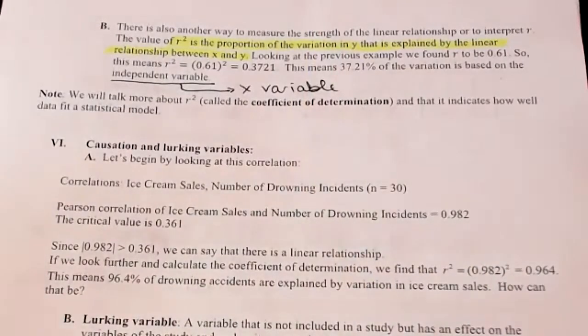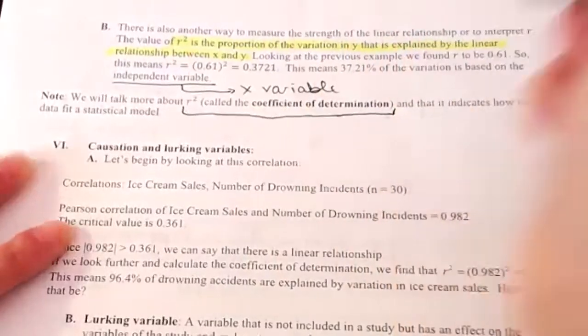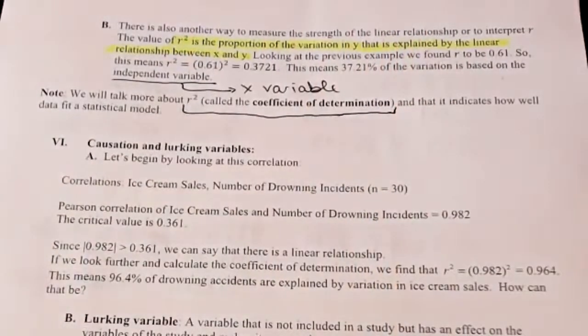That R squared is called the coefficient of determination, which we actually are going to use. We're always going to know what the Pearson correlation coefficient is, and we're going to talk about the coefficient of determination. What percentage of the variation, what percentage of this difference is credited to the independent variable?